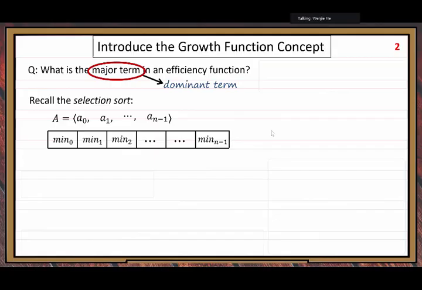For the selection sort, we find the efficiency function. This is the efficiency function.